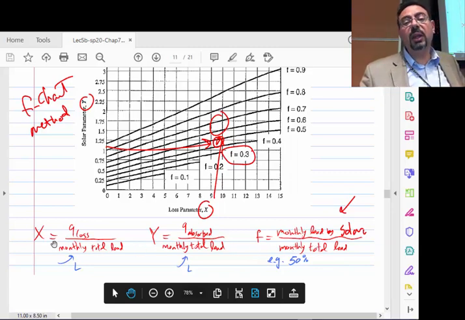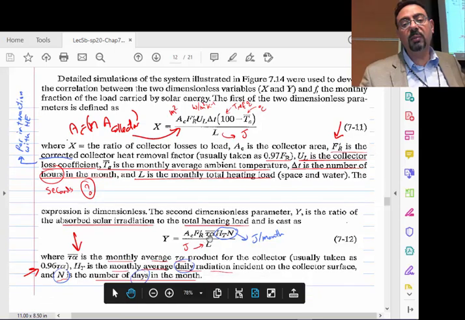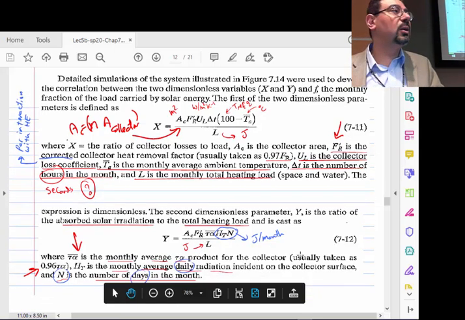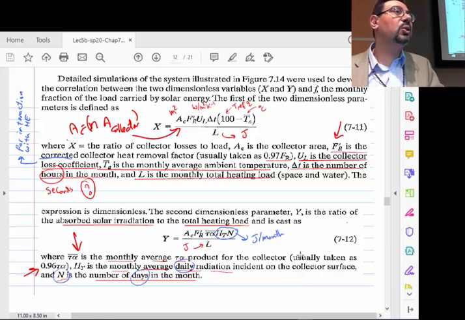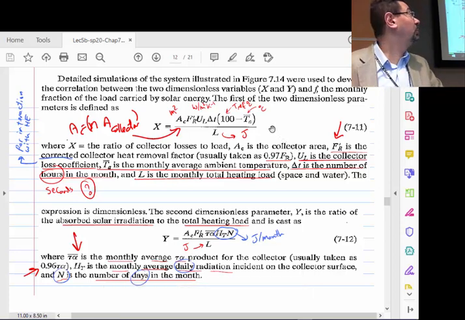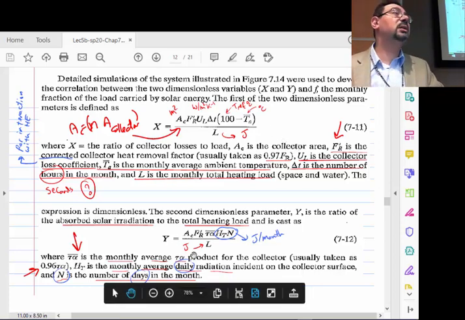Alright, so how do we calculate the x and the y? There is a long formula for them, and the only difficulty in calculating this in the homework or the exams is just knowing the units. Once you know the units, you'll be able to calculate the x and the y, and that's it.